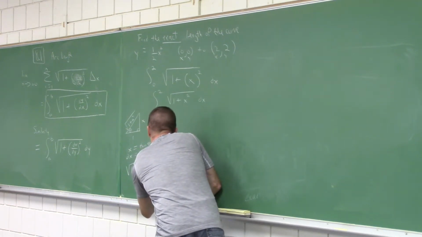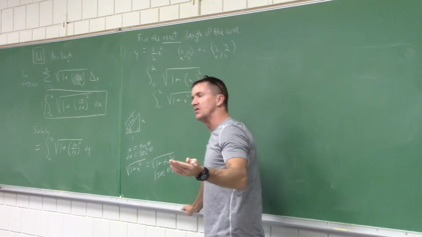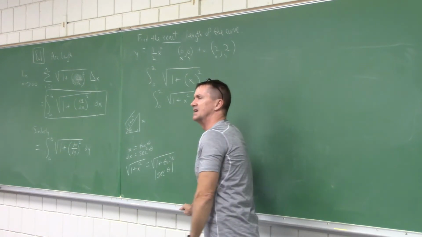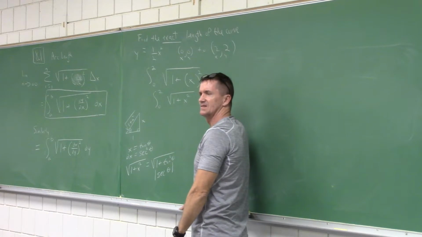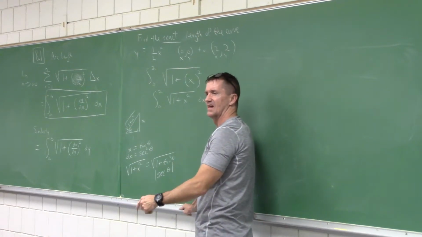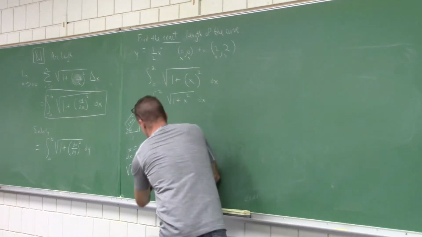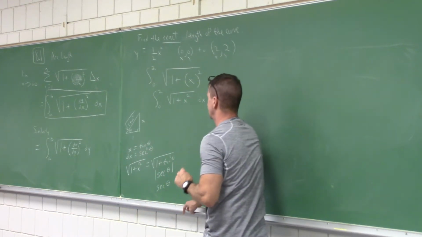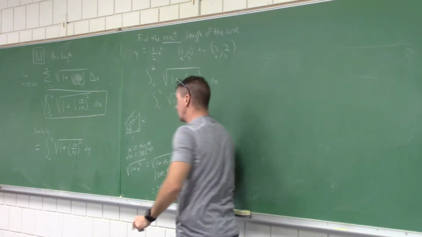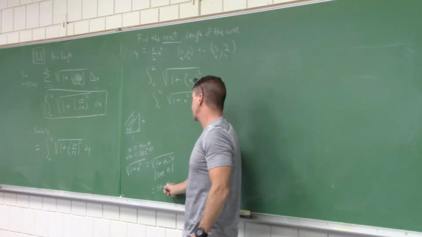I keep the absolute value bars, but I can remove those absolute value bars. Where is secant positive? By All Students Take Calculus, first quadrant and the fourth quadrant, right? I'll take this off. All right, this is just secant. But fine for where we just said, in that first and fourth quadrant.